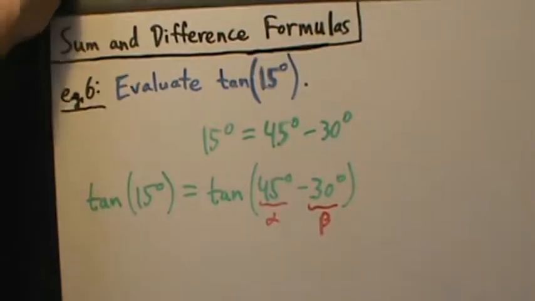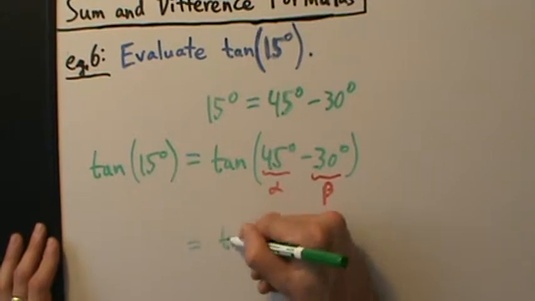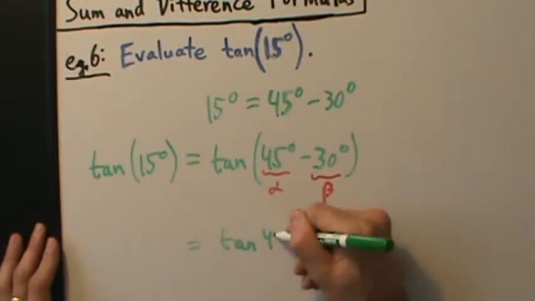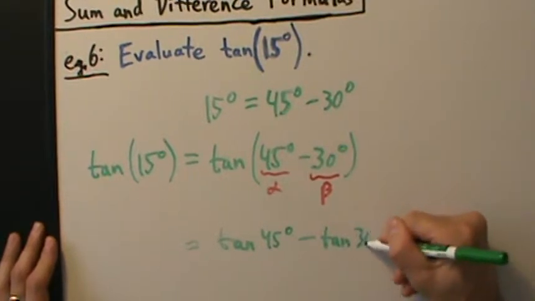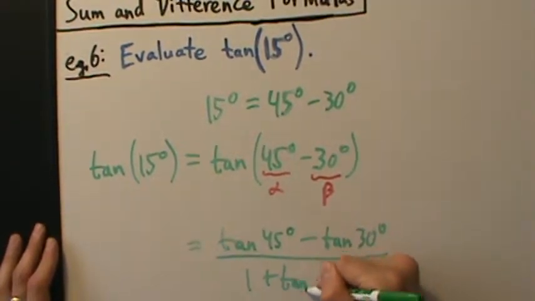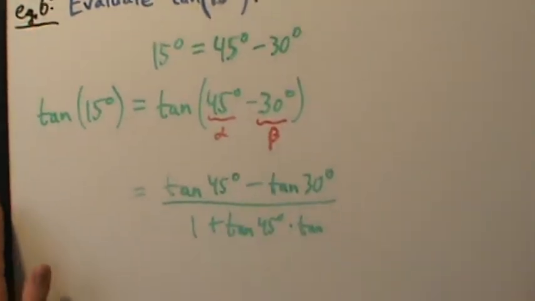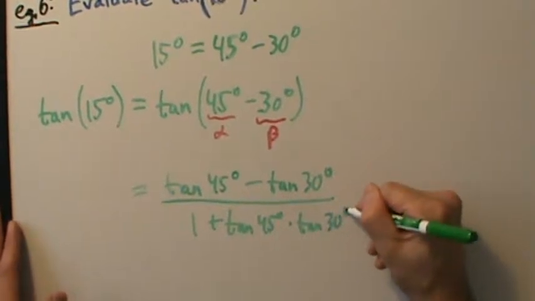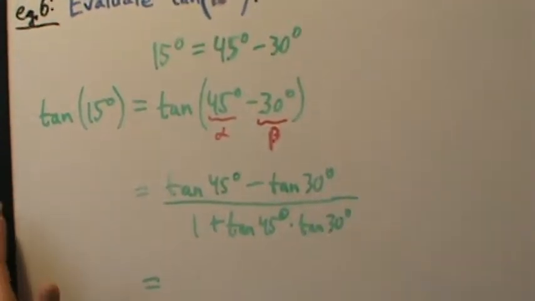So this is going to be tangent of 45 degrees minus tangent of 30 degrees, all divided by 1 plus tangent of 45 degrees times tangent of 30 degrees.